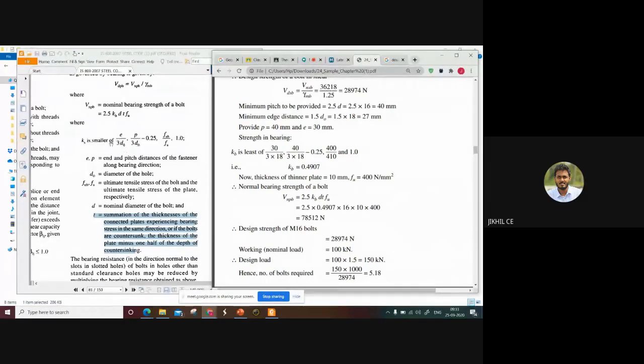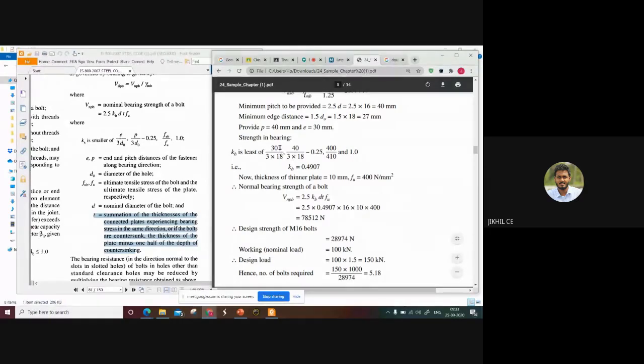Okay, I'll repeat. So KB is the smaller of E by 3d0, P by 3d0 minus 0.25, FUB by FU, and 1. E is the end distance.